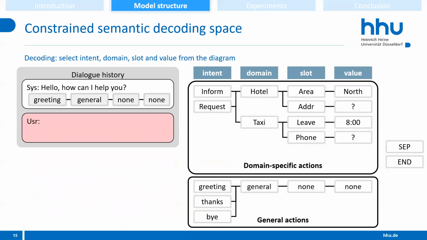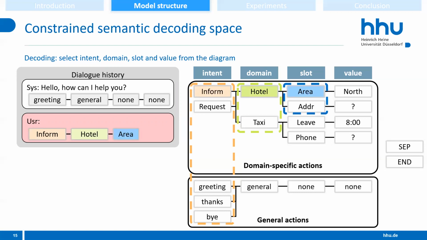So how to generate the semantic action from this graph? The idea is that instead of selecting tokens from the whole vocabulary, GenTUS can only select intent, domain, slot, and value from this diagram. For example, from the list of all possible intents, it may select inform as its intent. And from all possible domains, it selects hotel instead of taxi.